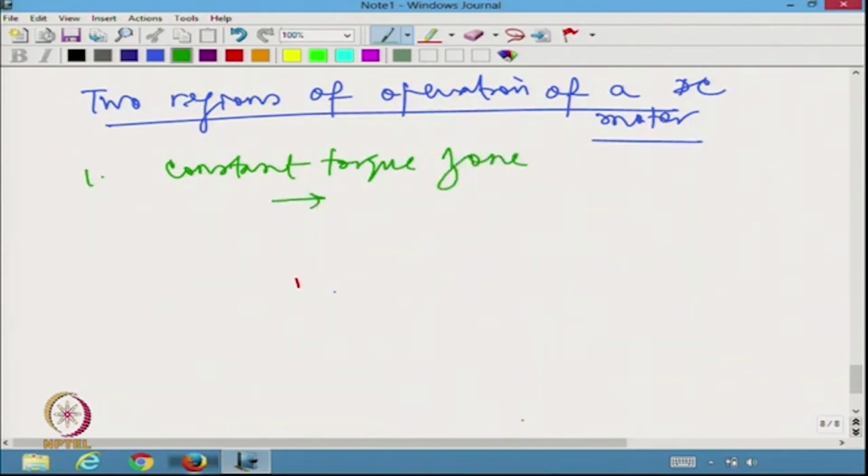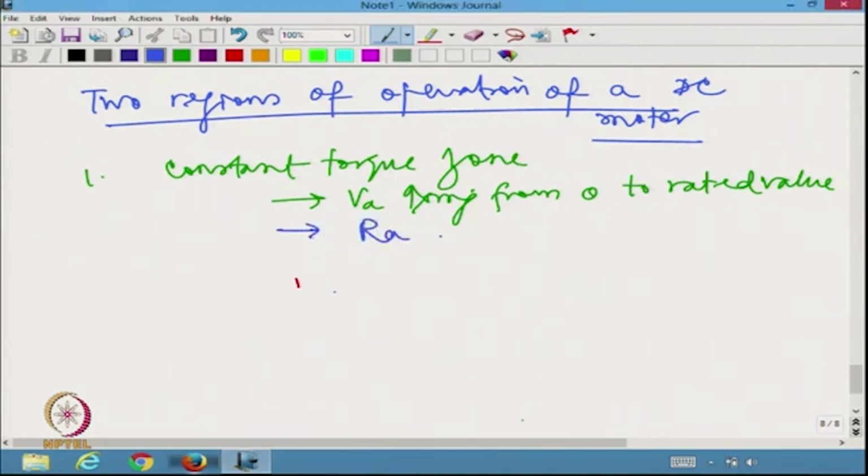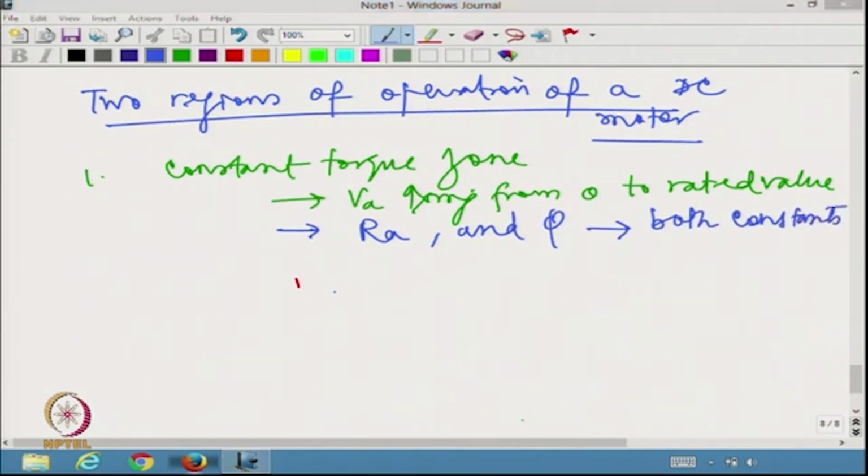In this case, we are going to have Va increasing from 0 to rated value, but I will have Ra and flux both are constants, right. So, I am going to maintain constant torque capability of the machine under this condition.